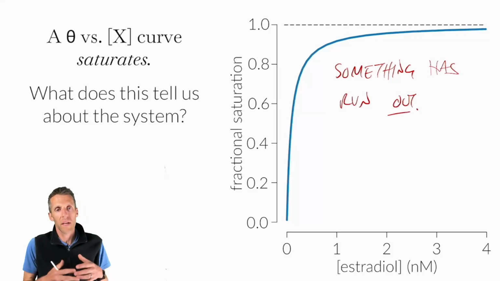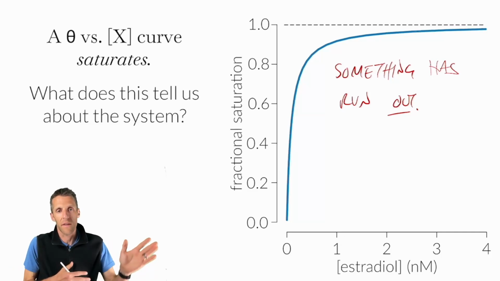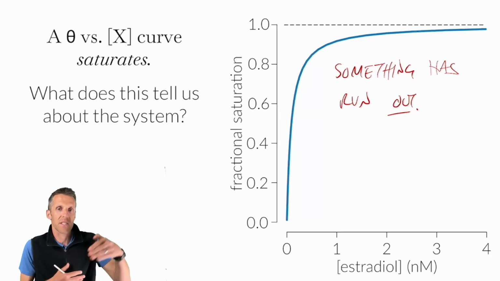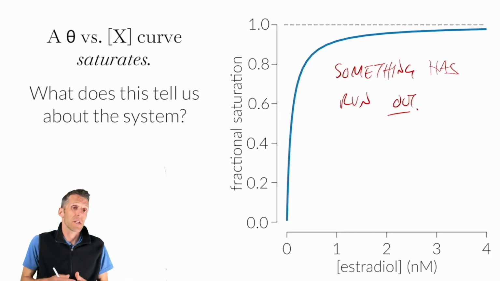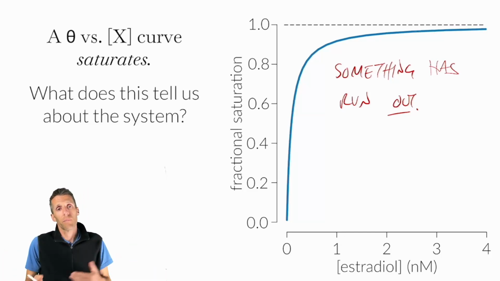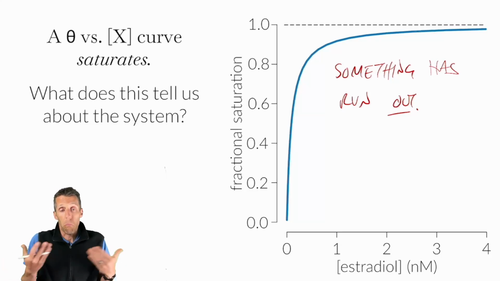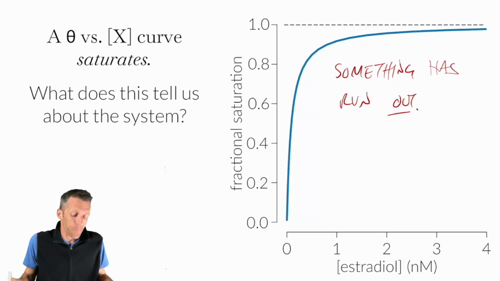Anytime you see a curve in a biochemical context where it starts and then levels out, that's saying something somewhere has run out. In this case, what's run out is the receptor, right? We just don't have any more receptors to bind to estradiol. All of the receptors are now bound with the estradiol, the steroid. So you can't make the curve go any higher.